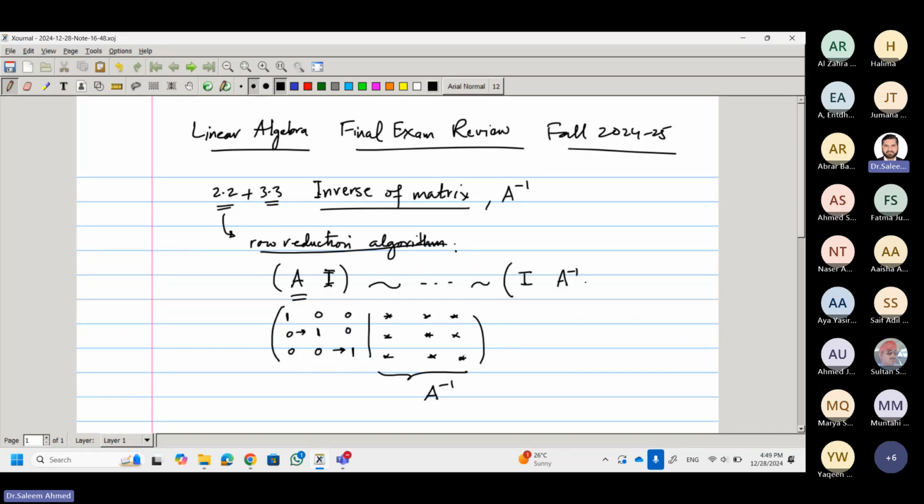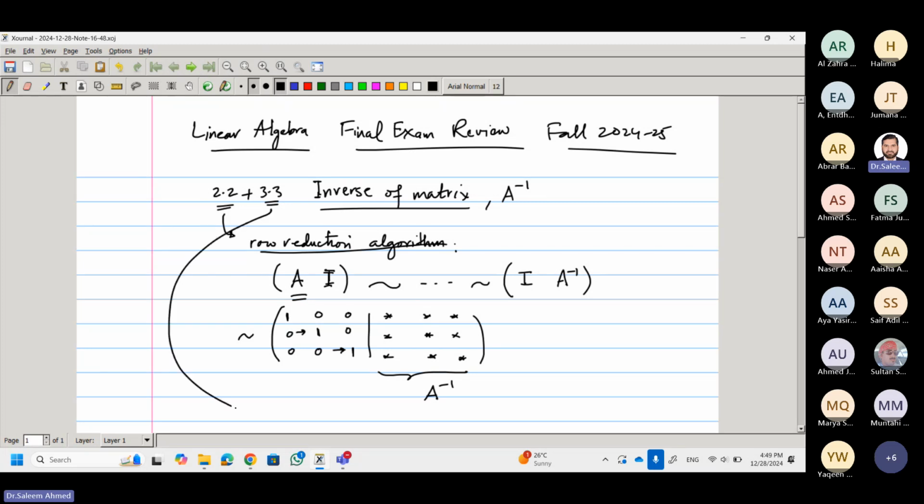So this is the algorithm basically: you write A along with your identity matrix. The left matrix A, you have to make it identity by using row operations, but keep using the row operations for the whole row, not only with the 3 by 3 matrix, but all these columns as well, 6 columns. Then the last 3 columns give you the inverse matrix. This is what we studied in 2.2.